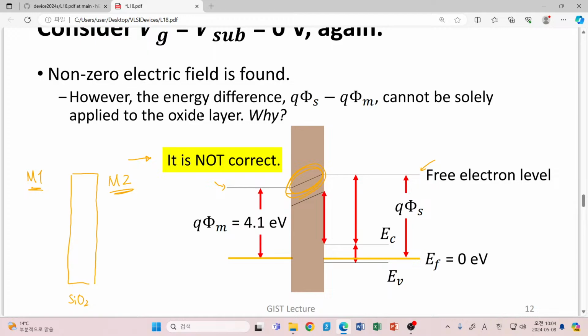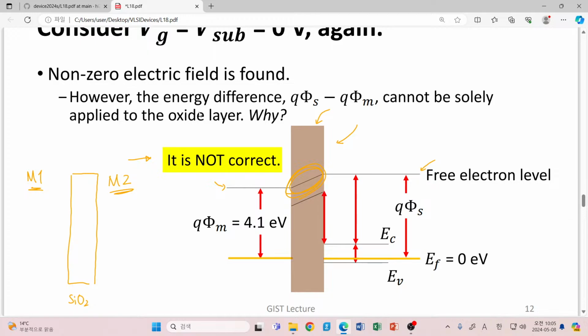Then in this case, should we also say there is a certain voltage drop not only in this silicon dioxide, but also we have to consider any kind of potential drops in this silicon layer? No. In the case of a MOM structure, we can certainly assume that all of the applied voltage, the energy difference, is applied only to the silicon dioxide.